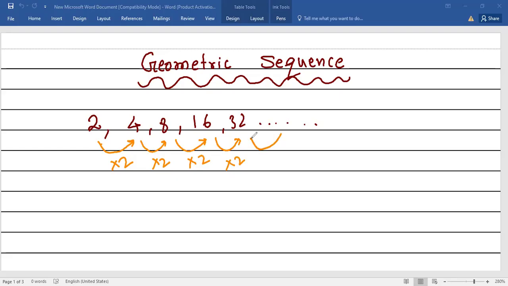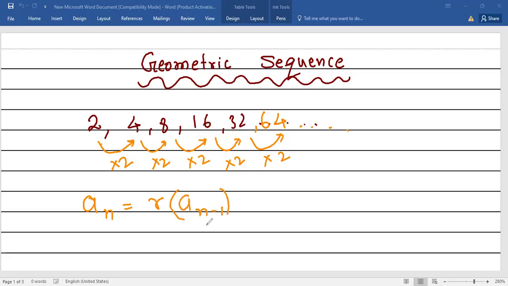Now going by that same logic, we can find out all the terms. Like after 32, it will be 64. Okay. So this kind of sequence is called geometric sequence. So in geometric sequence, what happens? Our nth term will be obtained by multiplying a constant ratio with the previous term.